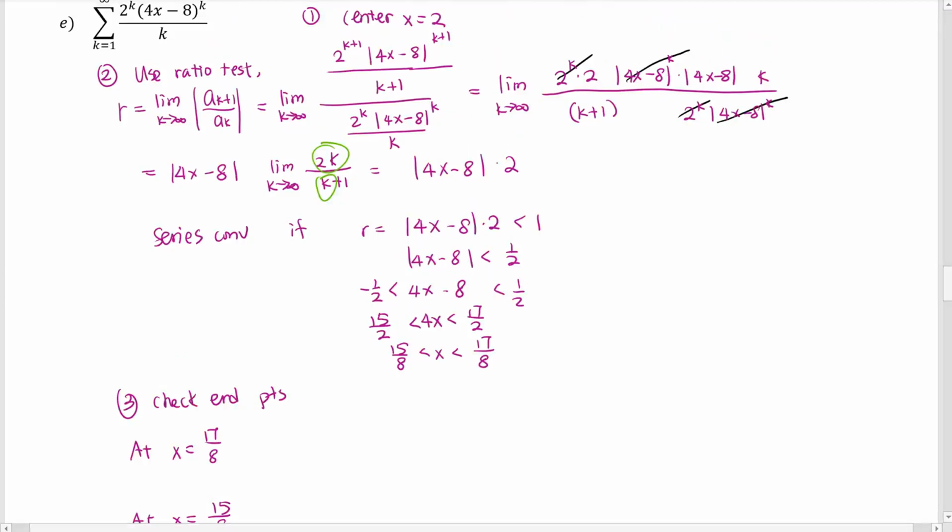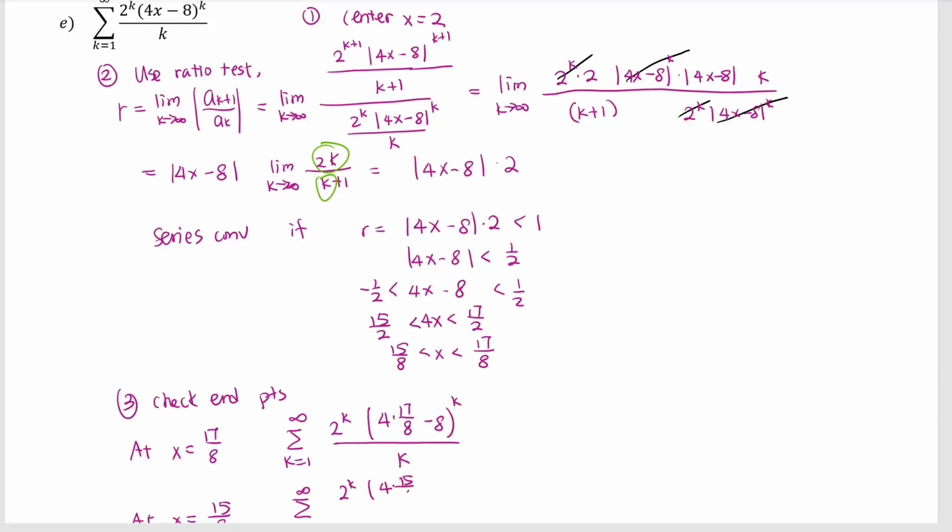Okay, let's put it in. 2 to the k, 4 times 17 over 8 minus 8 to the power of k over k. Okay, and then the other one, 2 to the k, 4 times 15 over 8 minus 8 to the k over k.